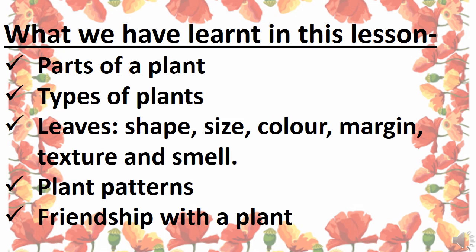Then we have seen that leaves can be of different shapes, size, color, margin, texture and smell. Then we have seen different plant patterns, floral plant patterns and how they make things beautiful. And we have seen that we can make friendship with a plant also, and that friendship is really very special.